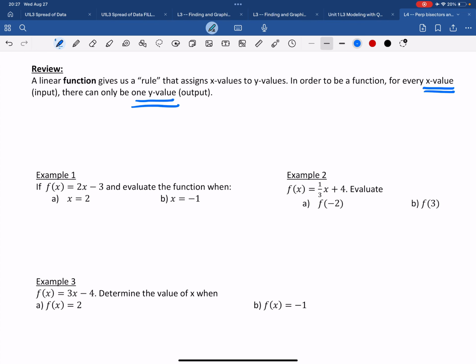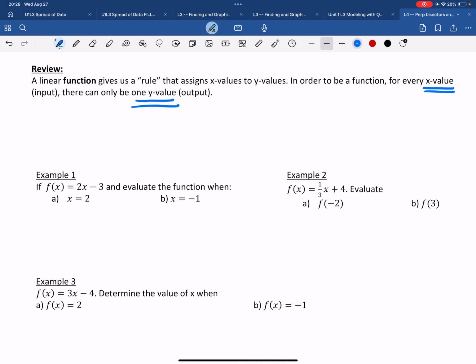So if we have the function f of x equals 2x minus 3, we want to evaluate when x is 2. Well, basically what happens is 2 goes in as being defined as what x is. So anywhere in the formula that you see an x, you replace it with 2.